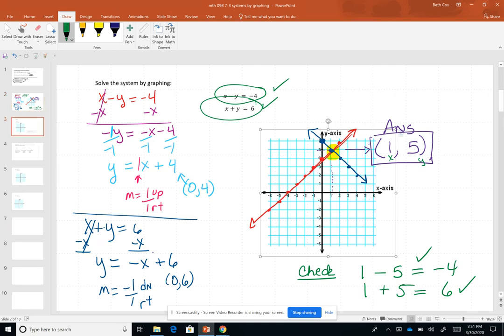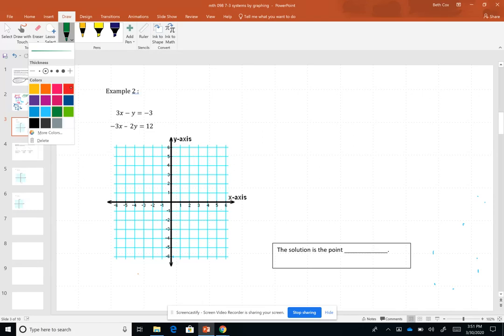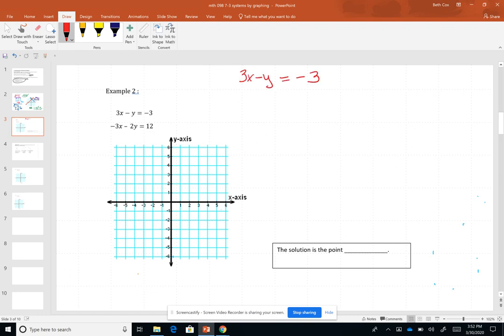Let's do another one. Okay, so this one's a little more complicated. We've got 3x minus y equals negative 3, and I'm going to solve for y so that I can graph it. So I'm going to subtract the 3x on both sides.